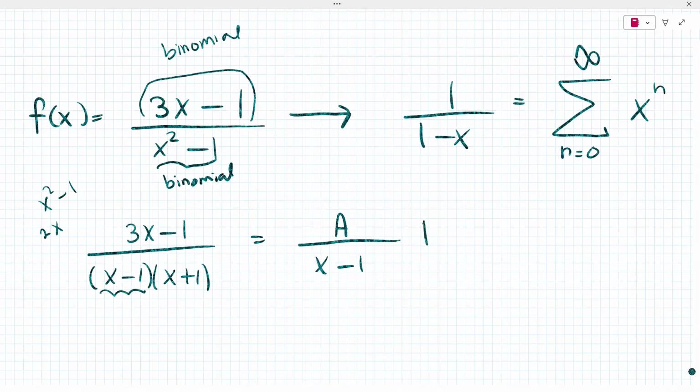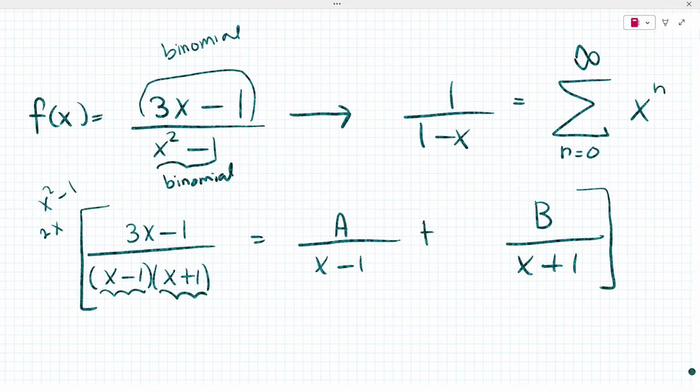Okay. And then the second would be B over x plus 1, because you take the derivative of x plus 1, which is 1, which is a constant. Now we've got to solve for A and B by multiplying both sides by the LCD, which is x minus 1 times x plus 1, on both sides, right?